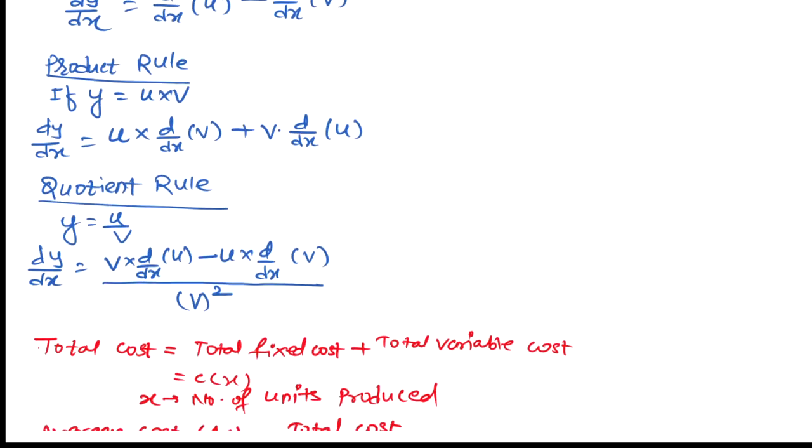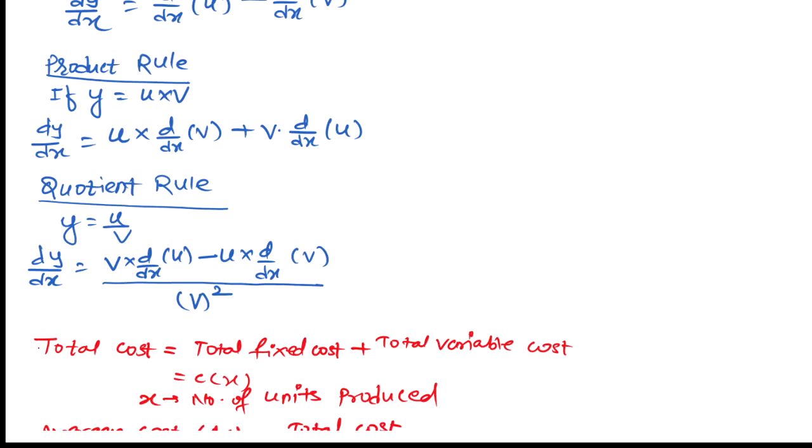Moving on to the product rule. If y is equal to u times v, and again u and v are derivable functions of x, then dy/dx is equal to u into derivative of v plus v into derivative of u. Next, the quotient rule. y is equal to u upon v.